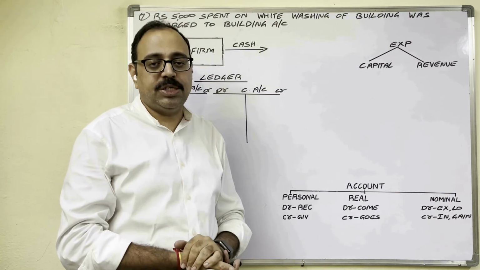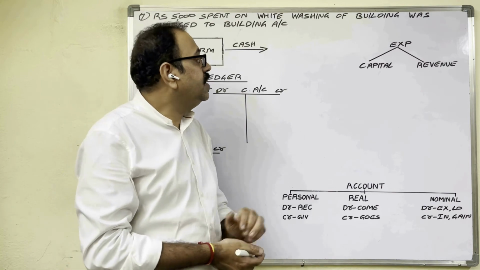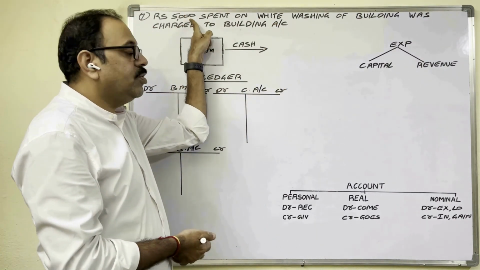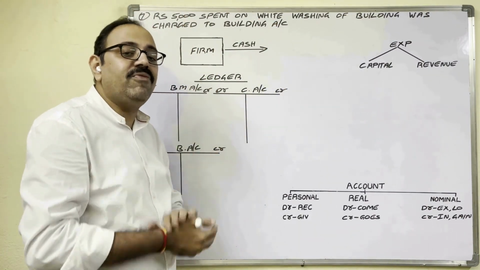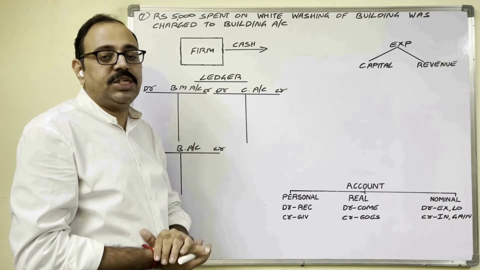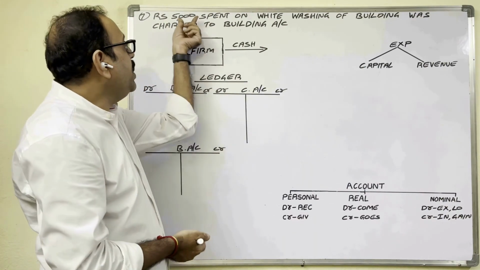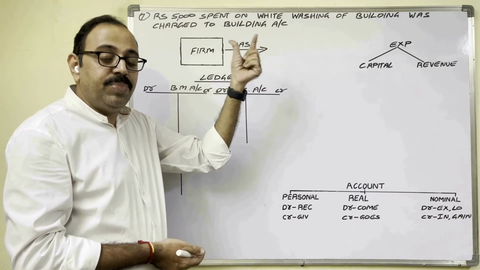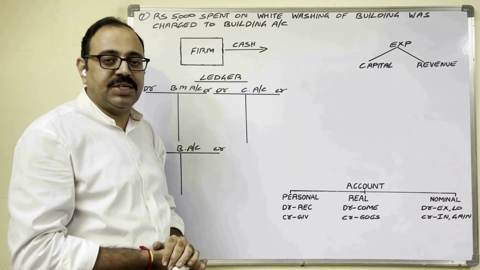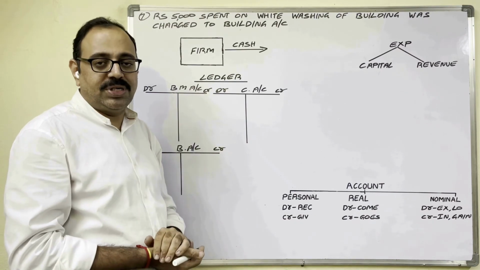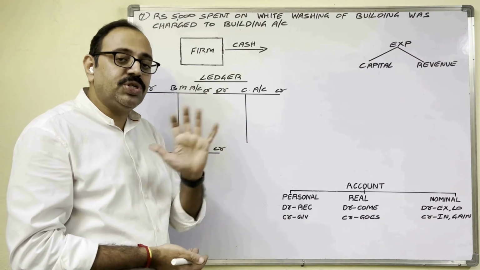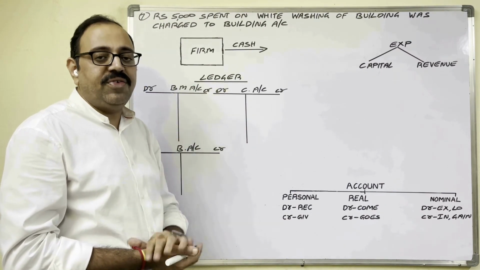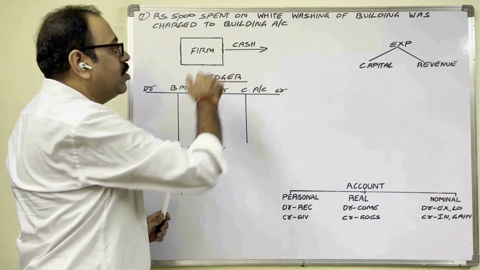If it is capital expenditure, then this repair expenditure of 5,000 we can add to building value. If it is revenue expenditure, we have to show this 5,000 clearly as building maintenance expenditure, not building account. We should create a building maintenance account here. So the correct entry has two accounts.